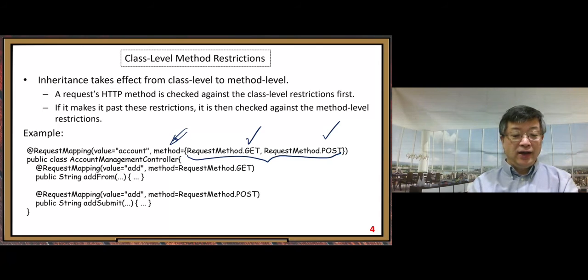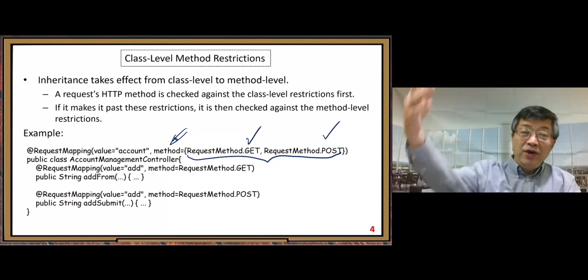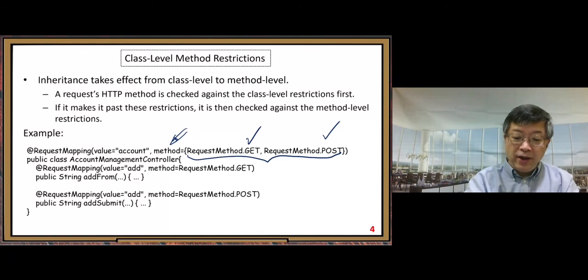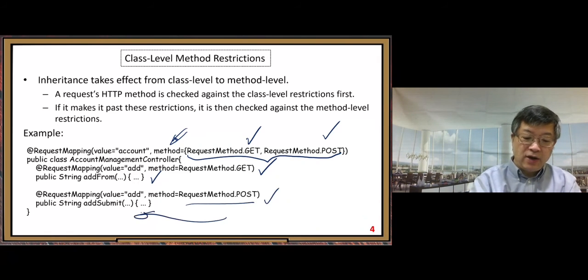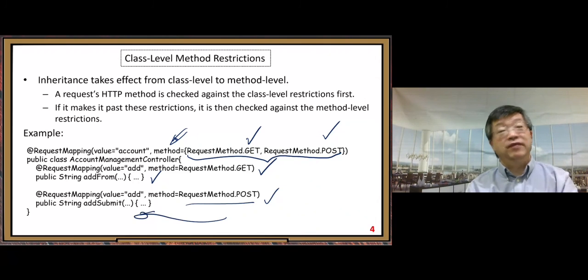Here it means only the get method and post method can call this controller. Other methods like put and delete cannot call this controller. Then, when you get into the controller, the get method calls the first method and the post method calls the second method. Very natural.